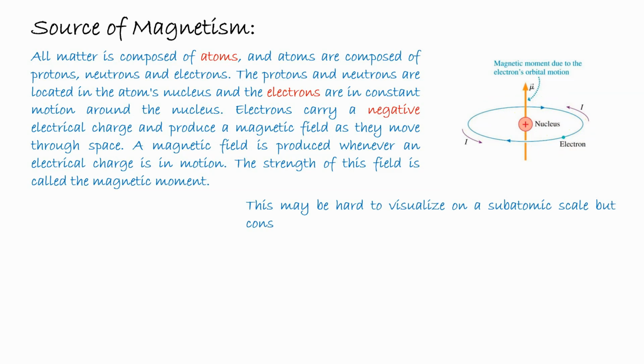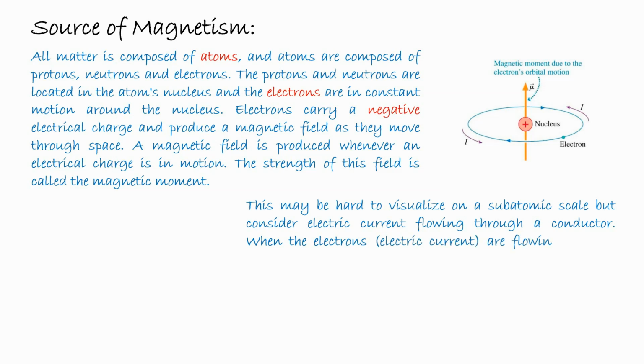This may be hard to visualize on a subatomic scale, but consider the electrical current flowing through a conductor. When the electrons, that is the electrical current, are flowing through a conductor, a magnetic field forms around the conductor.